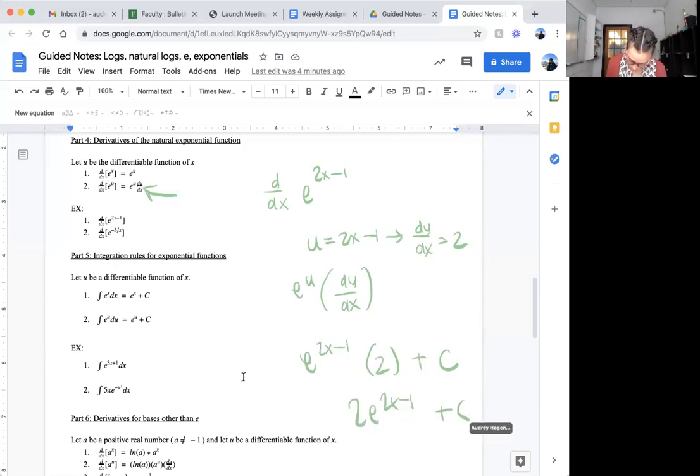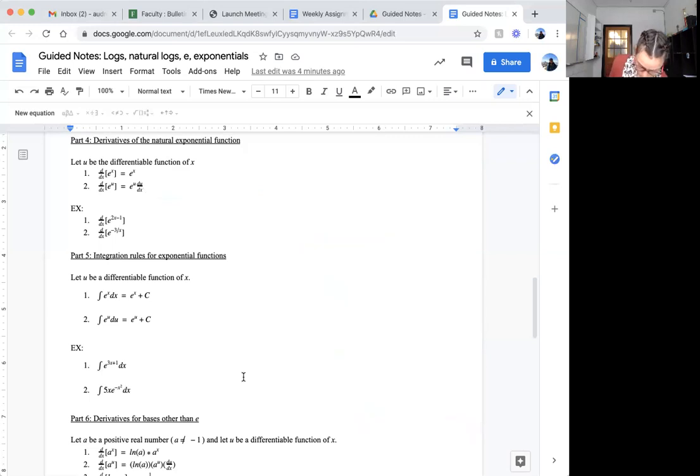And then next up, we have e to the negative 3 over x. So again, we're going to let u equal negative 3 over x, which we can write as negative 3x to the negative 1. Du over dx, or the derivative of that, is going to be 3x to the negative 2, or 3 over x squared.